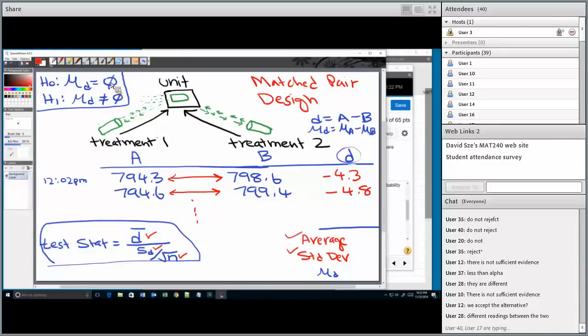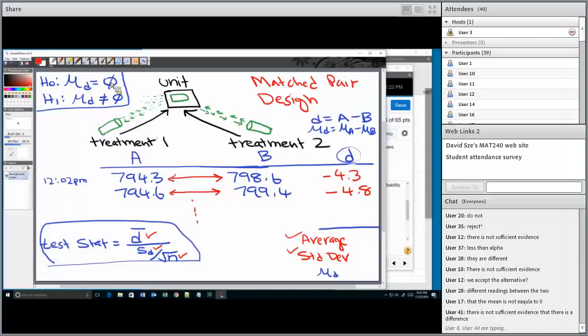So we are not rejecting the null hypothesis, so obviously we are accepting the null hypothesis in a way, right? We can't accept null and alternative, we can only accept one. So we are sort of not rejecting the null hypothesis. Everyone is right, but I'm looking for that implication that Sandra mentioned in the previous problem. What does mu d equal to 0, the null hypothesis not being rejected, imply about the two devices that are measuring the velocity?